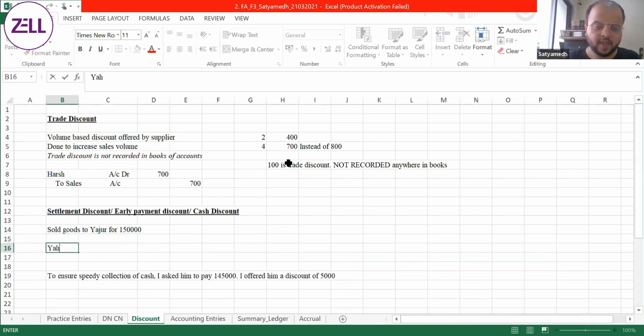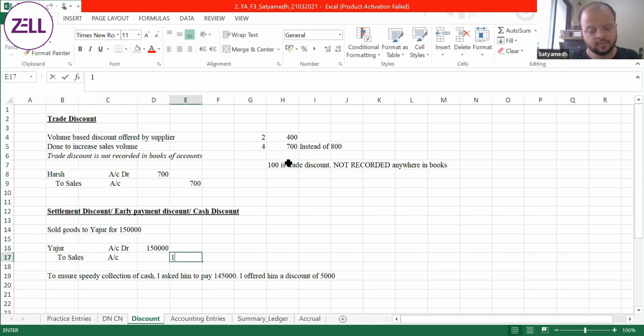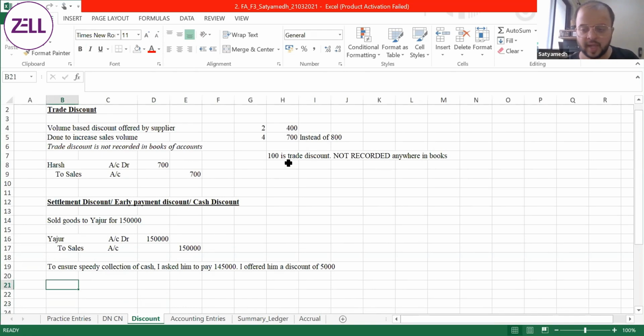तो यहाँ पे मेरा नॉर्मल एंट्री होगा 1,50,000, and now I am reducing the amount that I am collecting from him. I give him a discount of 5,000. ये कैसे होगा? Discount allowed account debit. See, debit all expenses and losses.